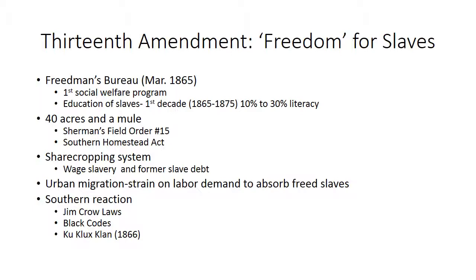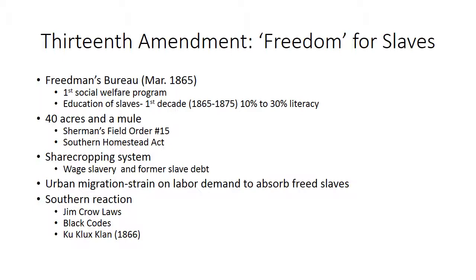The problem is that it's not rapid enough to soak up all of the labor that's going to influx the North, principally from the freed slaves in the South. And that's what it says there: a strain on the labor demand to absorb the freed slaves.